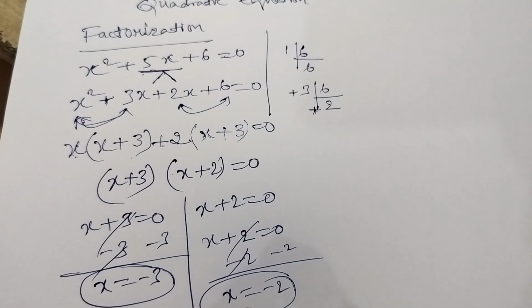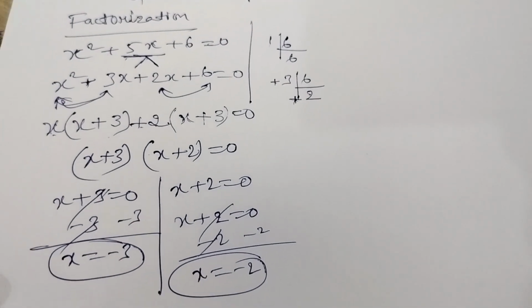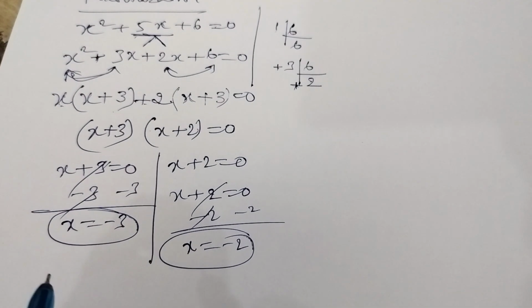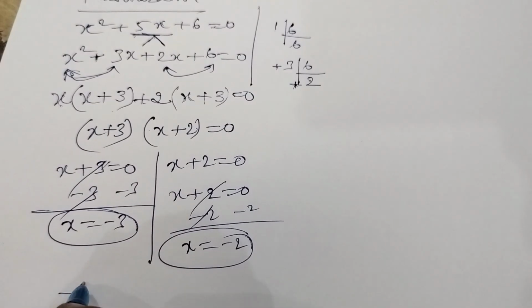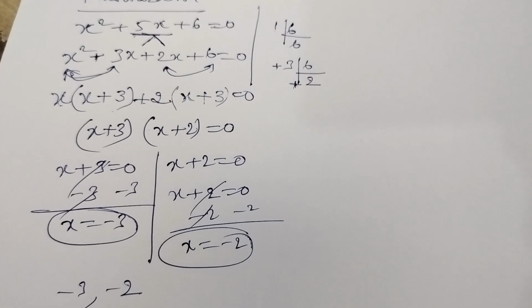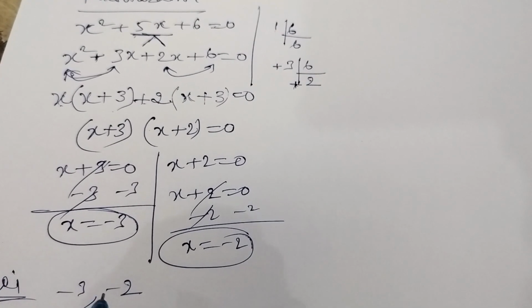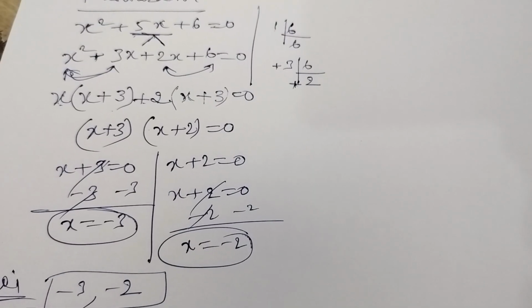So the quadratic equation has two solutions. One solution is minus 3 and another is minus 2. These two are the zeros, or the solutions, of the given quadratic equation.